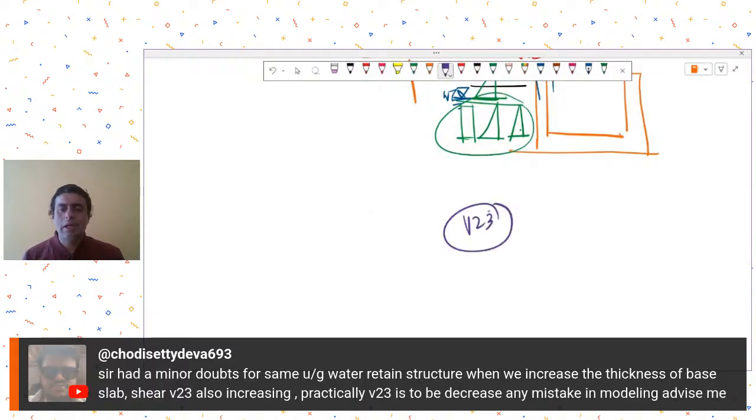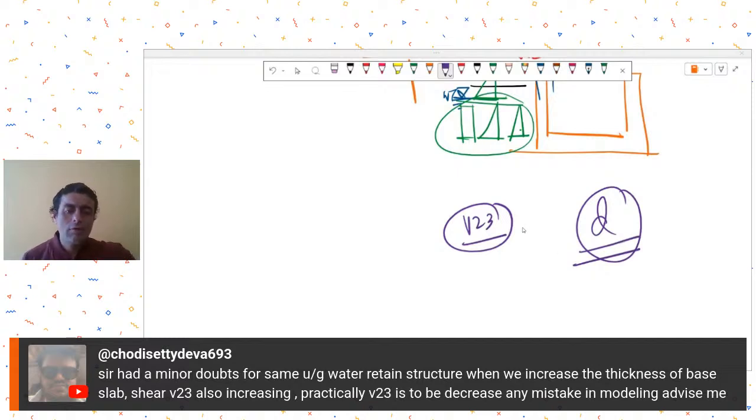So your shear values may increase, but then you are also getting increase in the thicknesses. So the increase in thickness that you get and the advantage that you get from it will exceed the increase in the shear that you are getting. So that means you have to constantly change the sizes, reanalyze, then check what are the outputs, then again make the changes and so on.